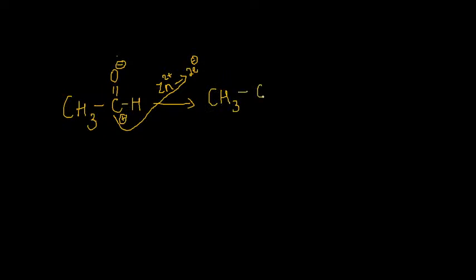Carbon will obtain a negative charge. So now one pi bond breaks and that goes onto the oxygen as a negative charge, 2 electrons. Now oxygen got 2 electrons and carbon also got 2 electrons. Are you understanding? So both carbon and oxygen got negative charge.